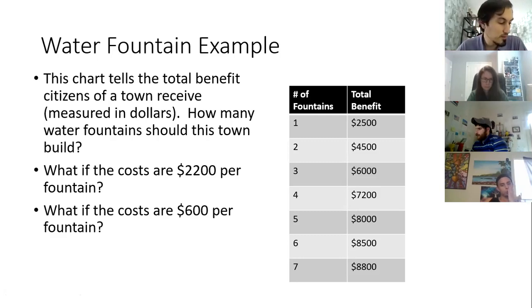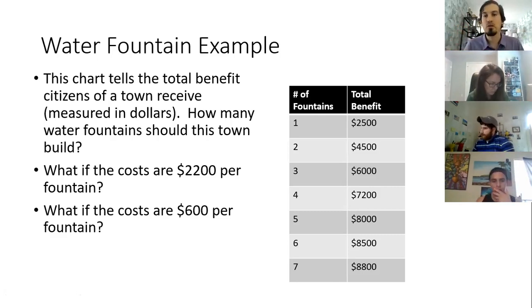In other words, the efficient allocation of taxpayer money to water fountains depends on the benefits received by the citizens and the cost of the water fountains, and MB equals MC is a good way to go up to that point. Keep going up to the point MB equals MC. Okay, that's government allocation. Later on, I think we argued that this applies not just to government allocation, but to markets.